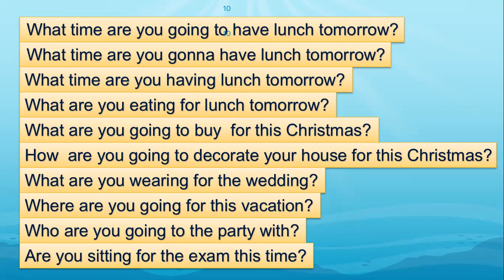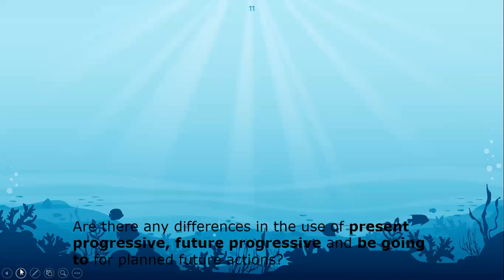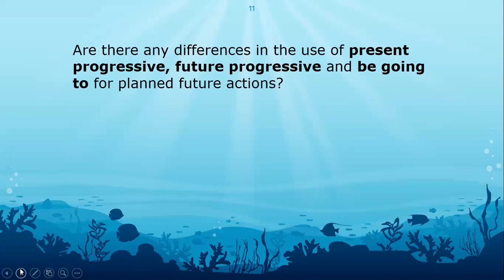Right. Then we'll move. Are there any differences in the use of present progressive, future progressive, and be going to for planned future actions?